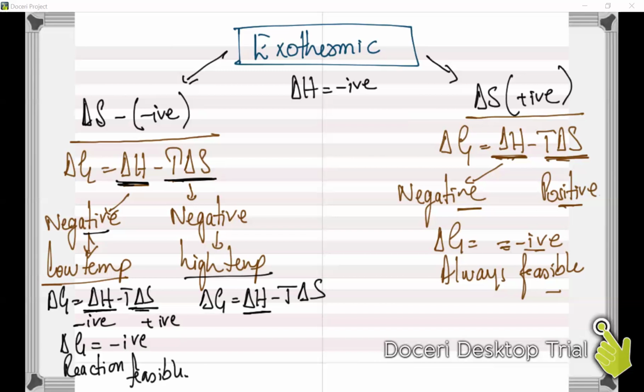Here in this case, if the temperature is higher, then what will happen at higher temperature? This will be a positive, but this will be a small positive. It will not be a very big value.